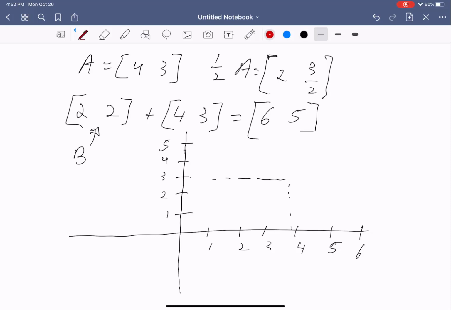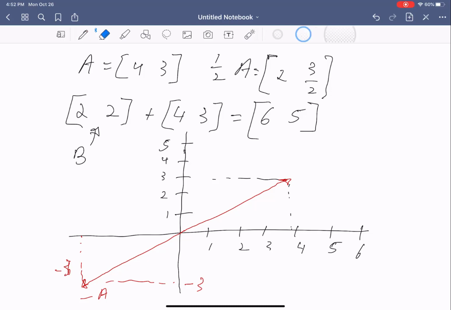So let's draw that with red. That again is A, and this is minus A. So this would be minus 3, and this would be minus 4, right?